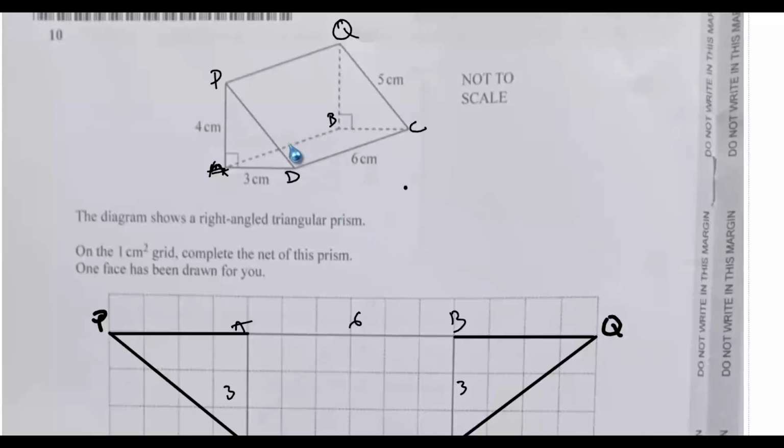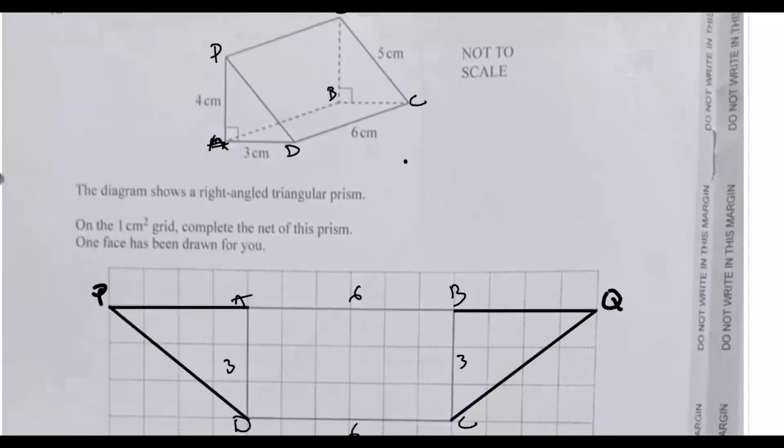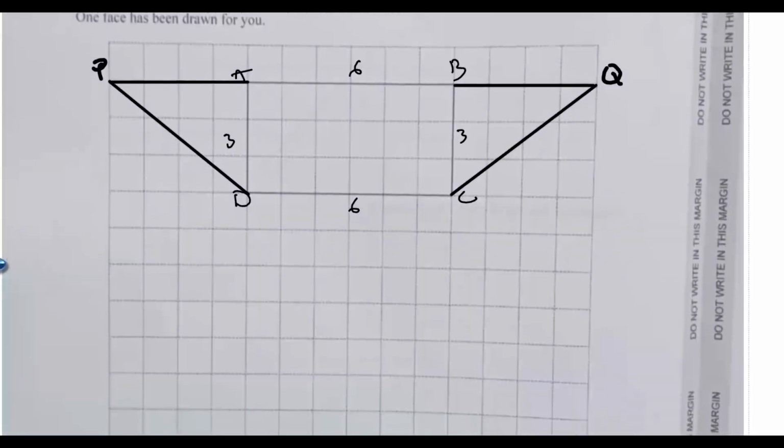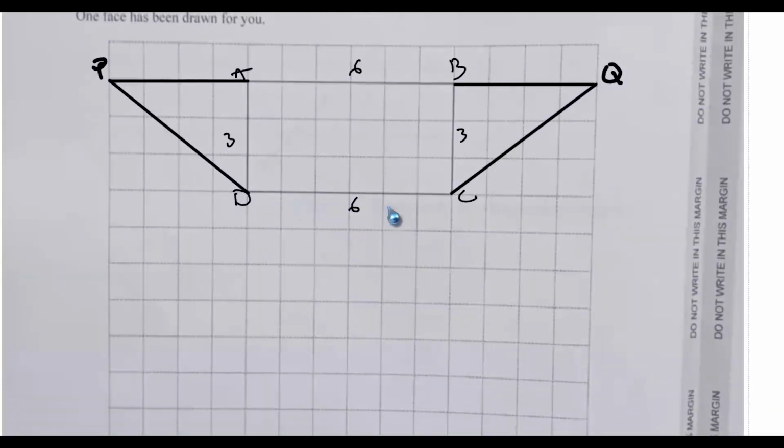So the next thing we need to do is to draw this rectangle PQCD. Okay, so if you scroll down, it's already 6 centimeters, and the length is 6 centimeters, and the breadth is 5 centimeters. So let's scroll down a little bit. So the length is already 6 centimeters, that is CD. Then the breadth will be 5 centimeters. 1, 2, 3, 4, and 5.